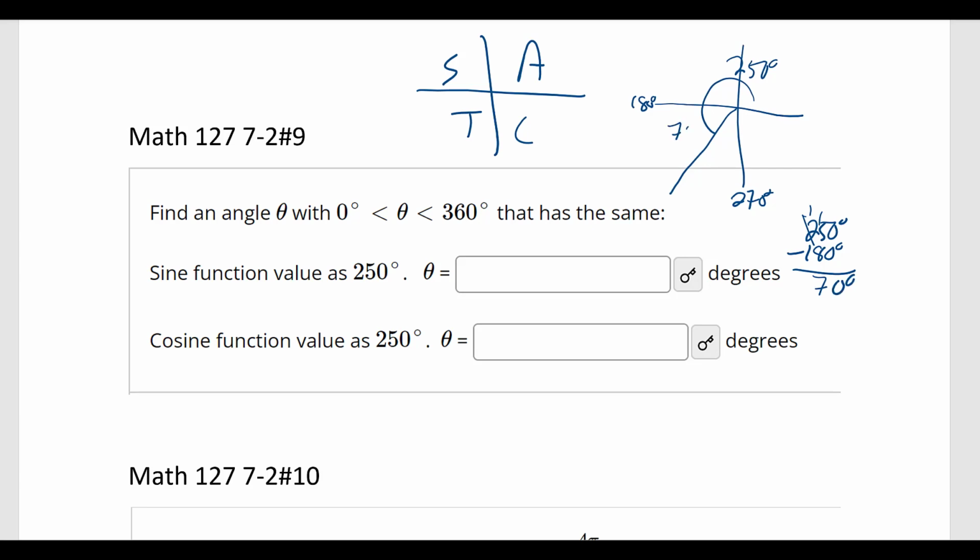So the reference angle is 70 degrees. Sine is in the third quadrant, so sine's negative. So we'd be looking at this quadrant over here with a reference angle of 70 degrees. So what's this bigger angle? That's going to be 360 degrees minus 70 degrees to give us 290 degrees.